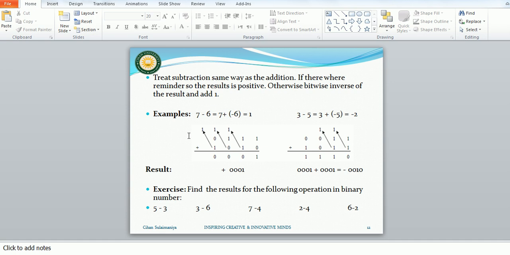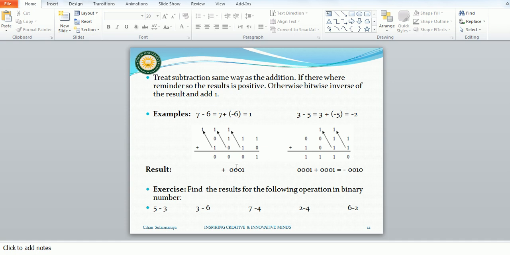Because when you added the 2's complement there is 1 remainder at the end, that means the result is a plus. So the 1 remainder shows that the result is plus.